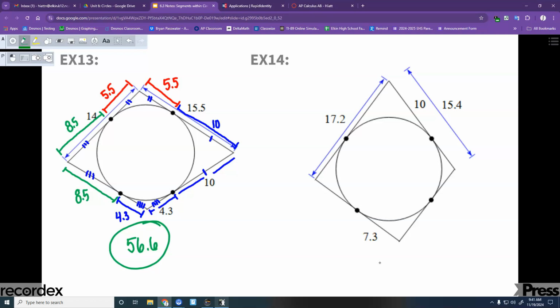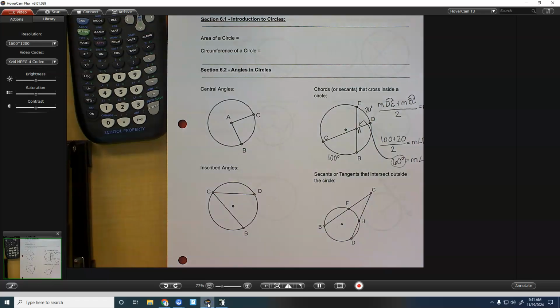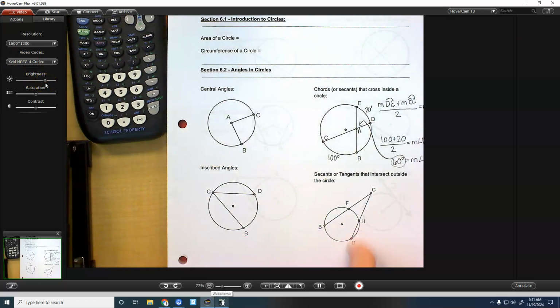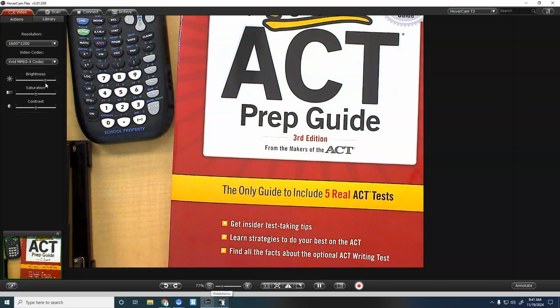14 is similar, we're not going to do it because we need to add these to our formula sheet. So let's look at our formula sheet here. Alright, so we'll do it over here so I've got one to look at this time. Alright, these are going to be on the back side.